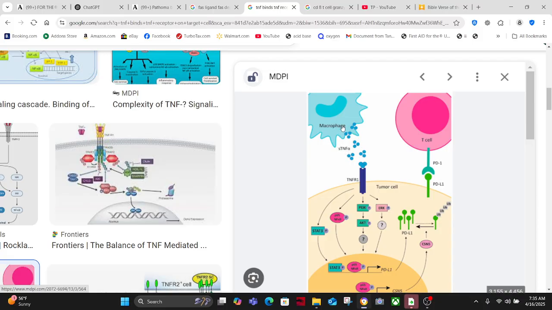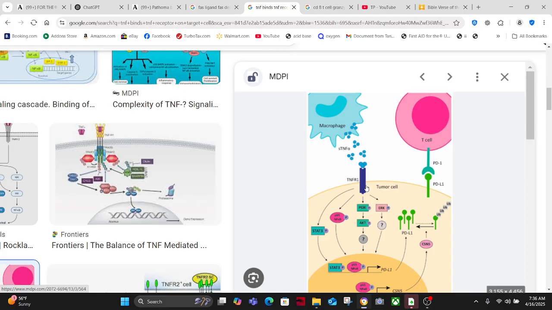It's from the macrophage. So TNF alpha is produced from the macrophage, and that TNF alpha will bind the TNF receptor, which is on the tumor cell.